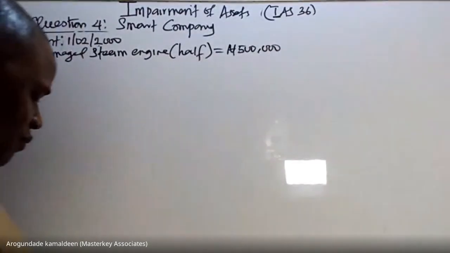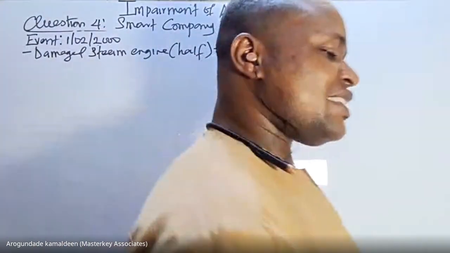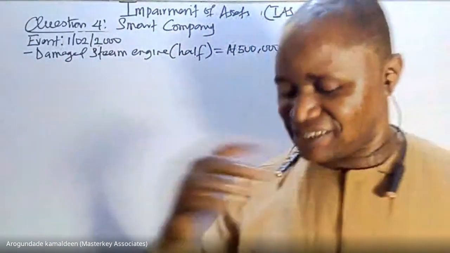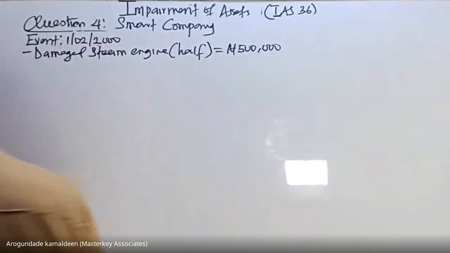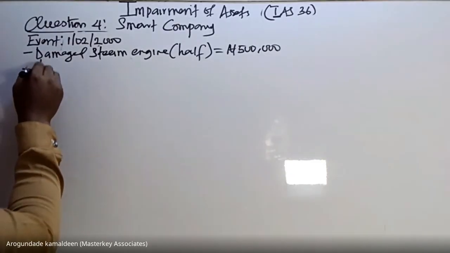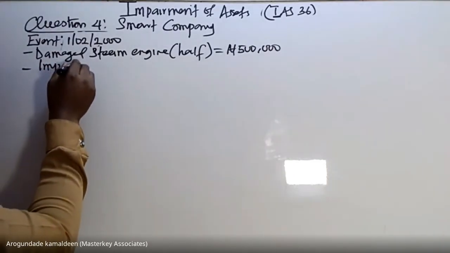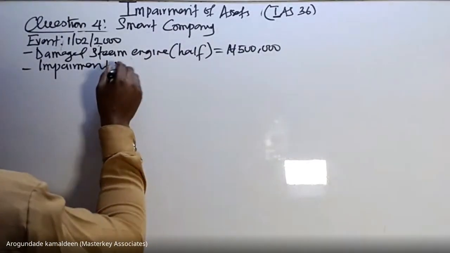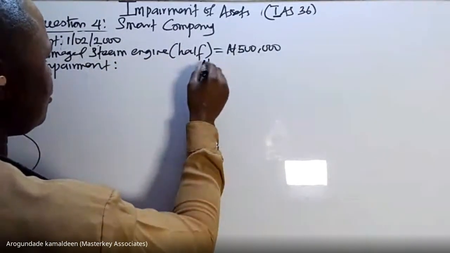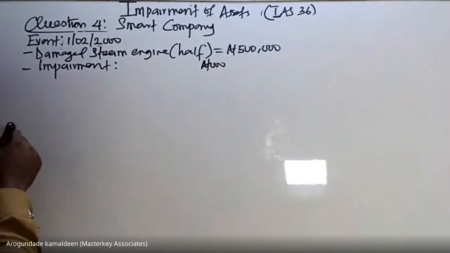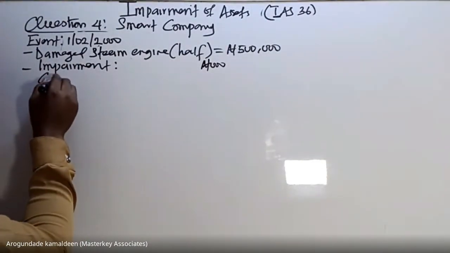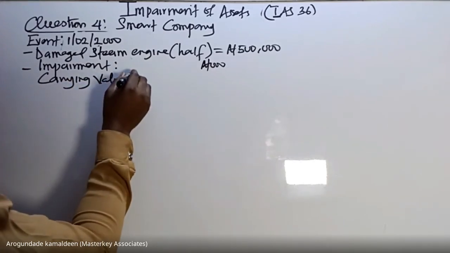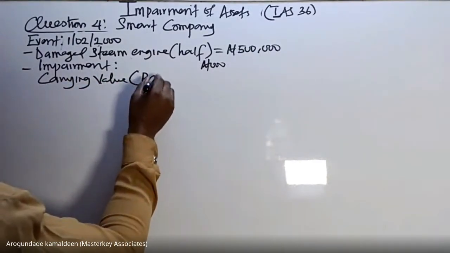Now, what is the impairment for the whole value as at this date? The impairment equals the carrying value, which is the purchase consideration.